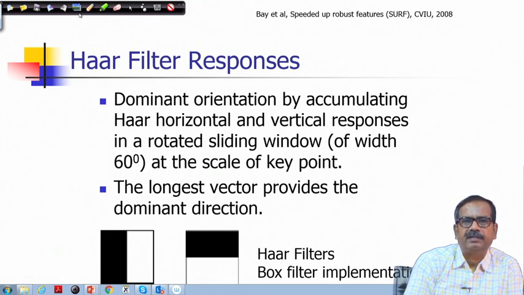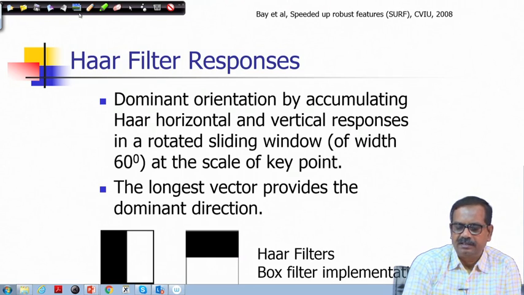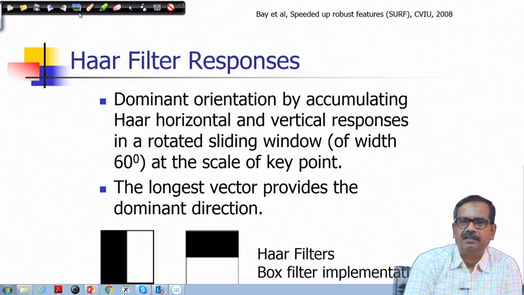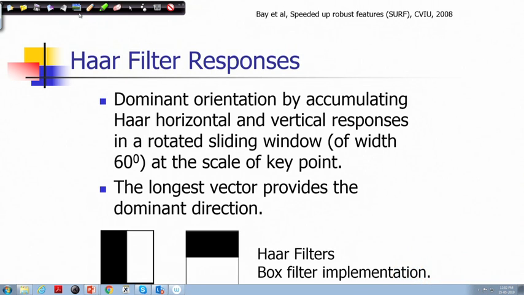So, the longest vector would provide the dominant direction, and this could be implemented by box filters as we have discussed earlier: the white portions are summed, all those pixels in the white regions, and after summing, the dark pixels are subtracted. For example, if I am applying this particular convolution operation, summing up the pixels around this will take 3 operations for the integral image.